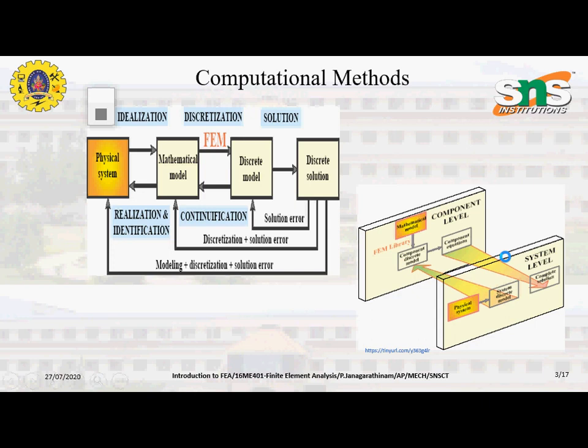First, these are the general computational methods we have to follow in the finite element method. Okay, first one is idealization, second one is discretization, and third one is solution. Either you choose the software or by using a practical method you have to solve these design problems. Okay, first one is the physical system.